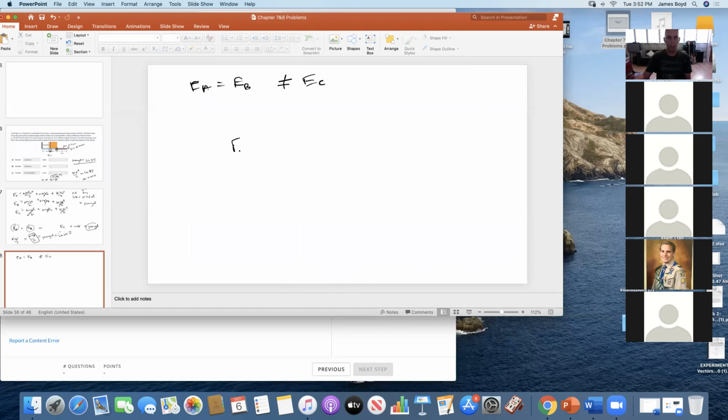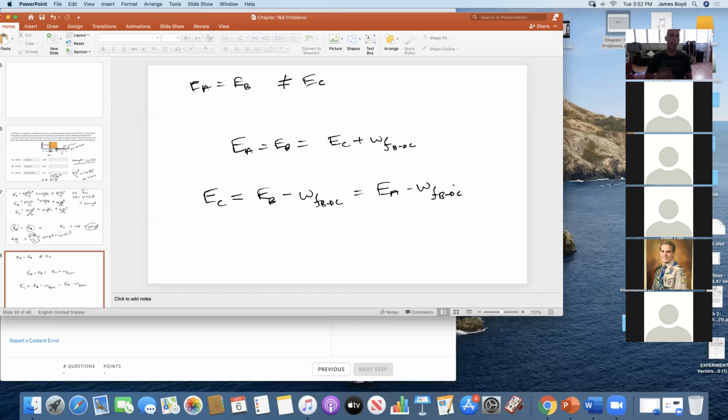What they were equal to was EC plus the work done by friction from B to C, okay? Or another way to say this is that EC was equal to EB minus the work of friction from B to C, or EA minus the work of friction from B to C. That's because the friction took energy out of the system.